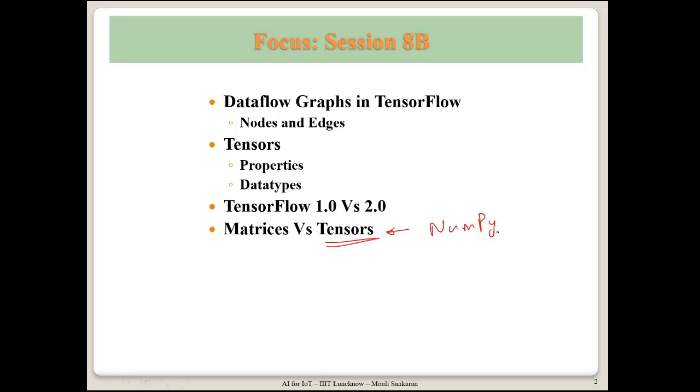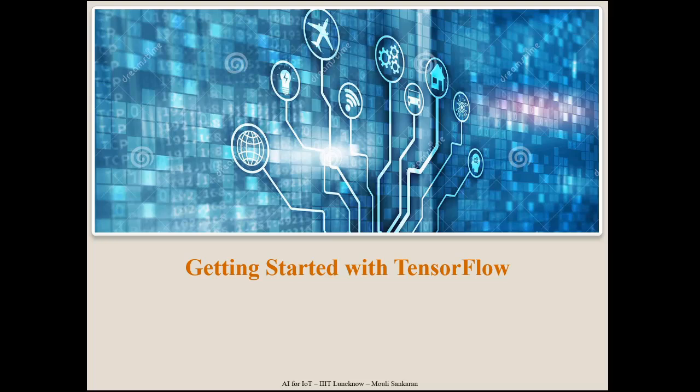I will do my best to explain the difference. It's still not perfect, but at least you should know they are not the same. Don't conclude that because it uses NumPy underneath, tensors are the same as matrices. They are different. Let us see what we can learn from this.